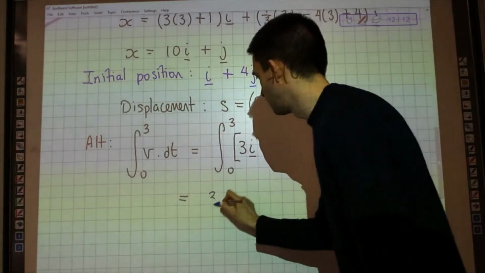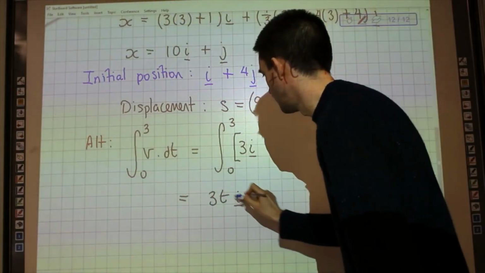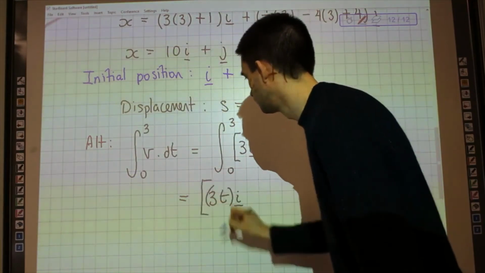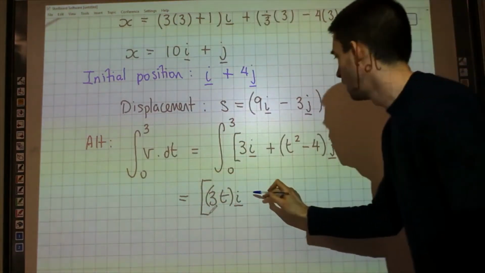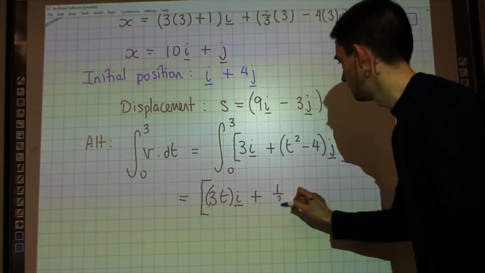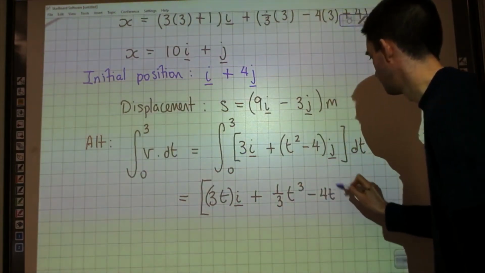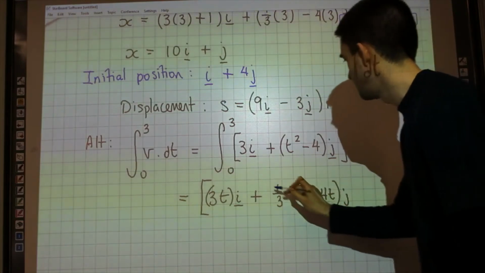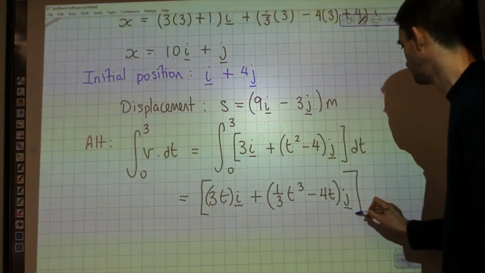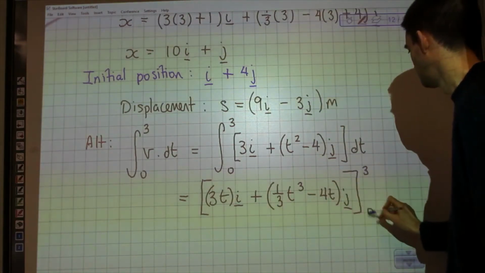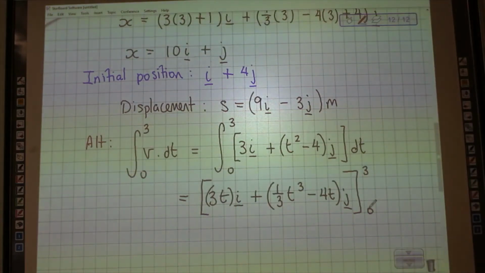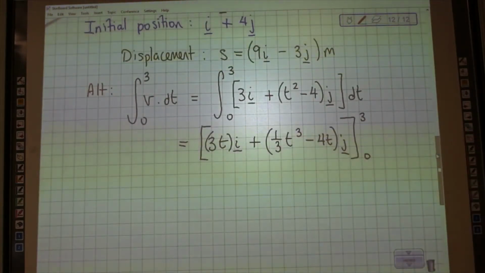So we're going to get 3ti plus 1/3 t cubed minus 4t j between 3 and 0. You probably recognise quite a lot of what's appearing on screen at the moment.